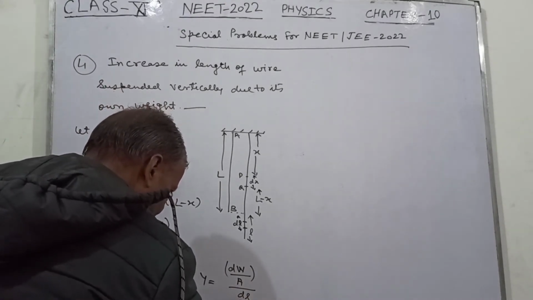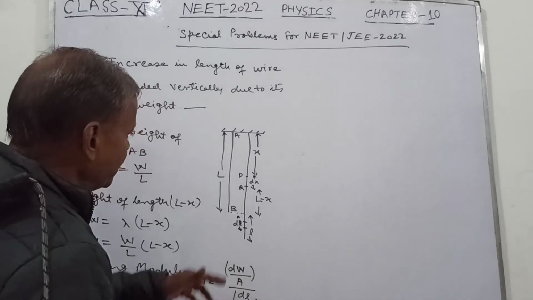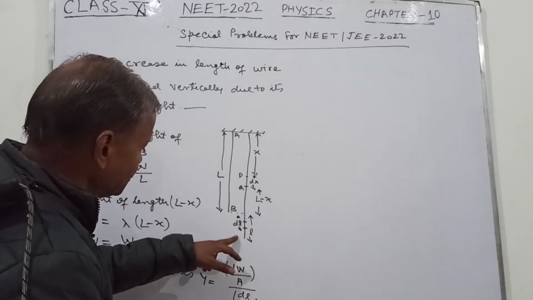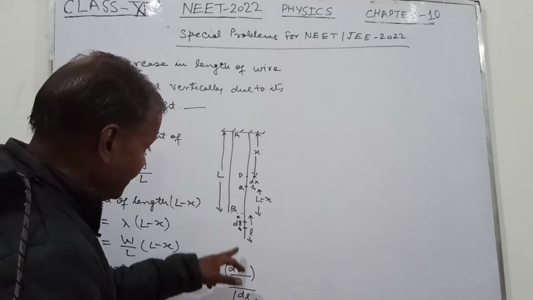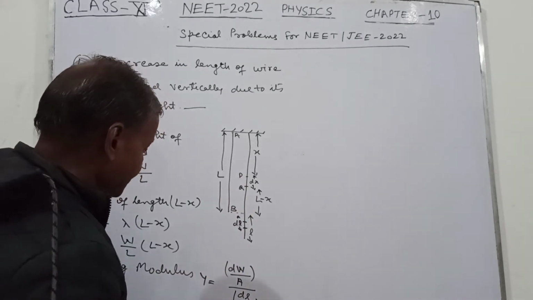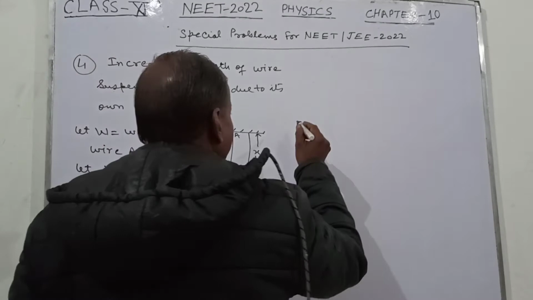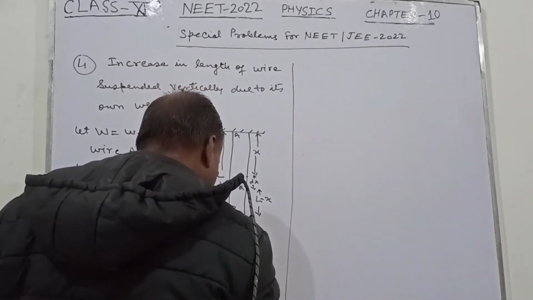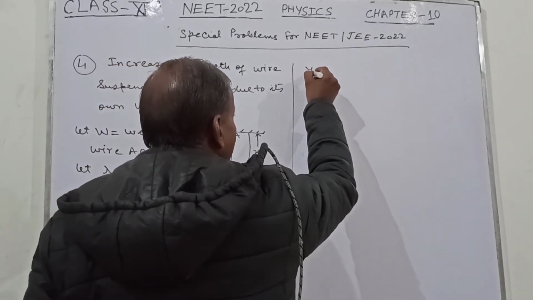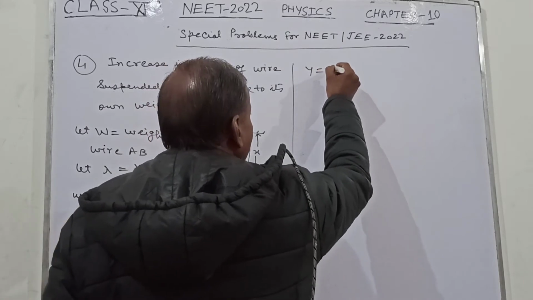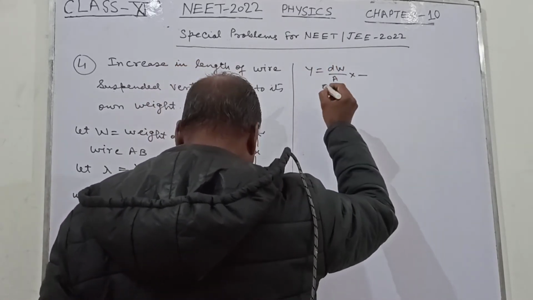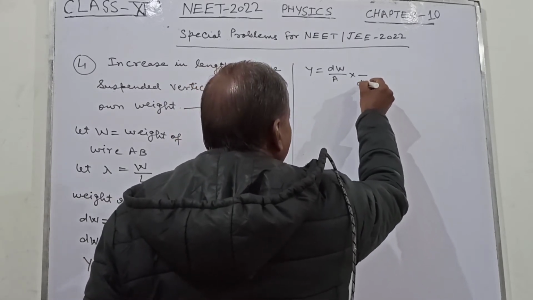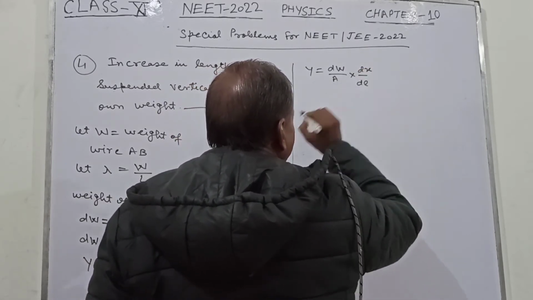dl upon dx. Here we have taken the element dx. This is now the change in length dl. So this strain will be dl upon dx. Or Y is equal to dW upon A into dx upon dl.